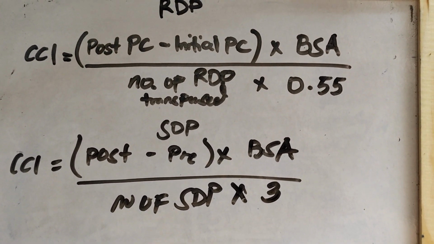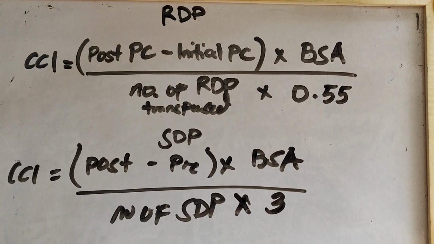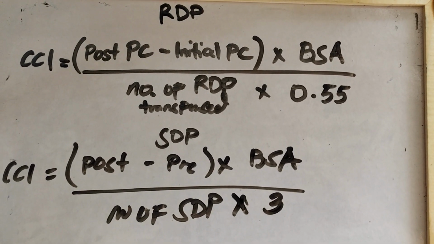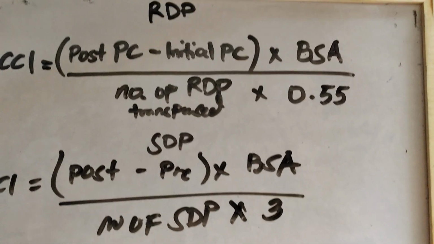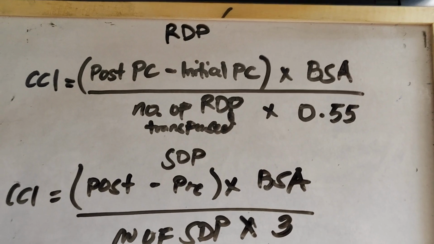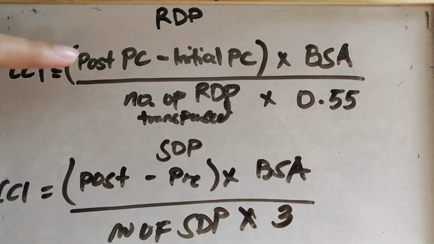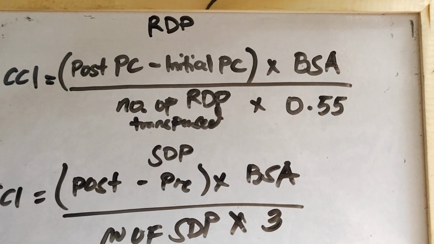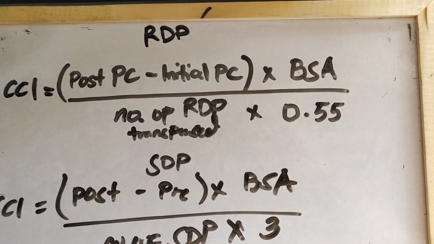Now, the CCI, which I said earlier we need to compute. We have two versions to get the CCI, depending on what the patient used, either RDP or SD. For RDP, this is our formula. It's fairly similar, only the constant differs. It's the post-transfusion platelet count minus the initial pre-transfusion platelet count, times BSA.